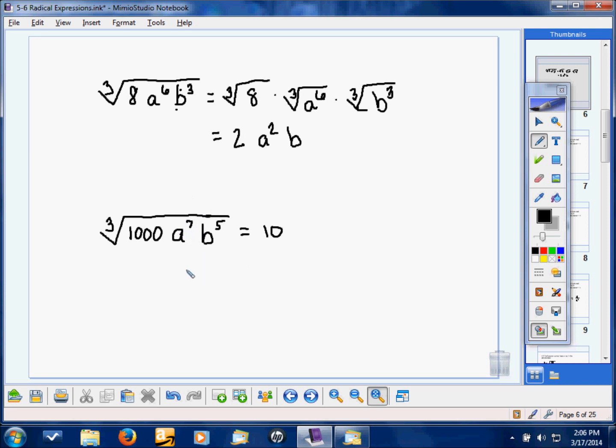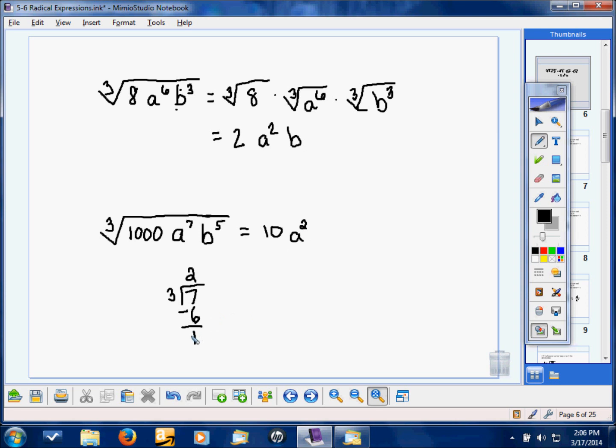Now, 7, when you divide it by 3, gives you 2, but there's a remainder. So what does that mean for the a's? There's an a in front. How many of them? a to the 2nd. However many times it goes in is your exponent here.